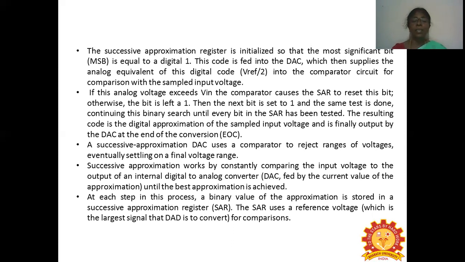At each step in this process, a binary value of the approximation is stored in the successive approximation register. The successive approximation register uses one reference voltage for comparison.